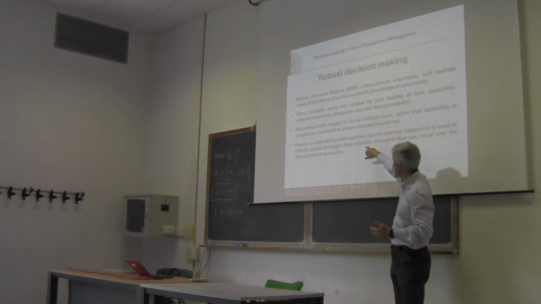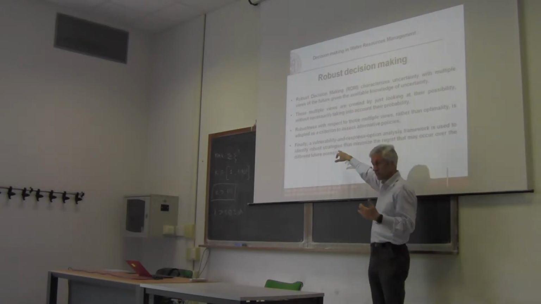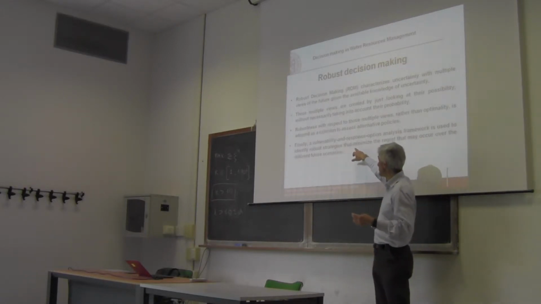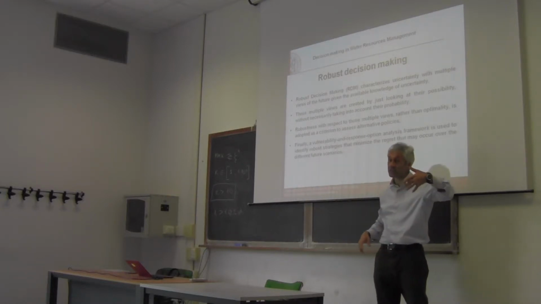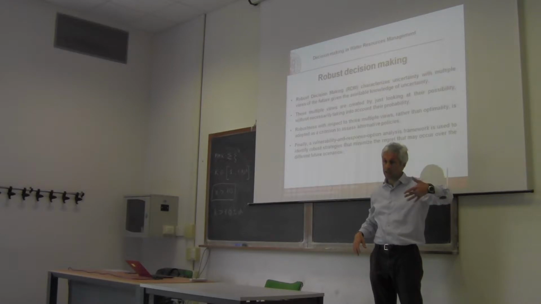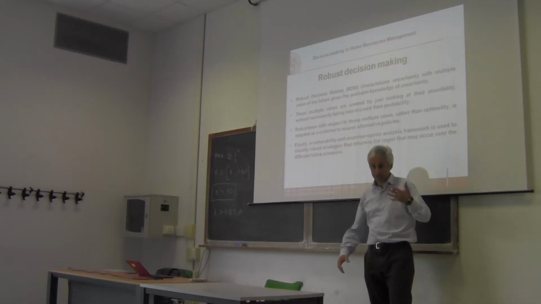So, at the end of the story, you may make an analysis of these vulnerabilities of each decision and what are the possible responses. Okay, if this happens and this decision turns out to be vulnerable, what can I do in that case to recover?